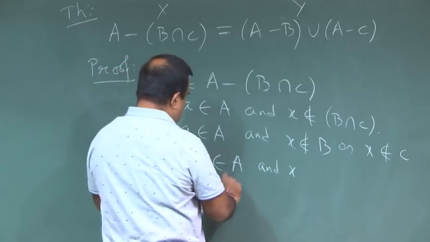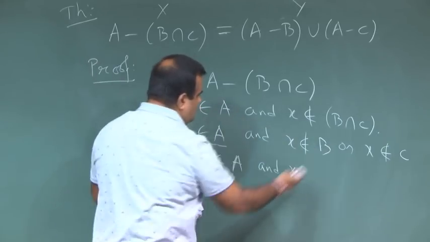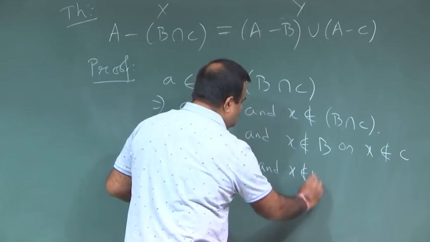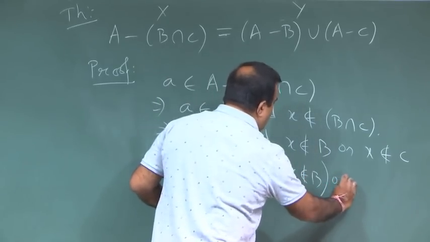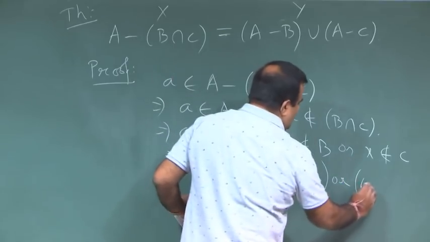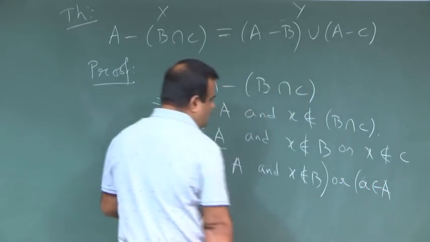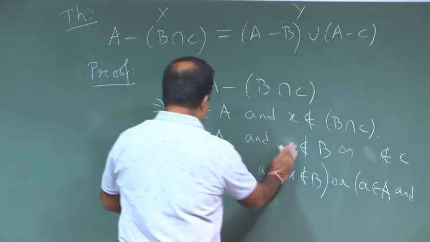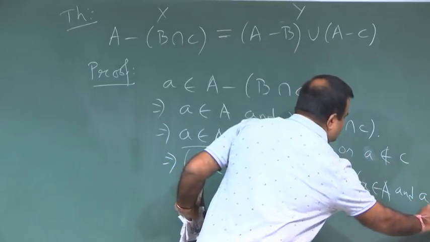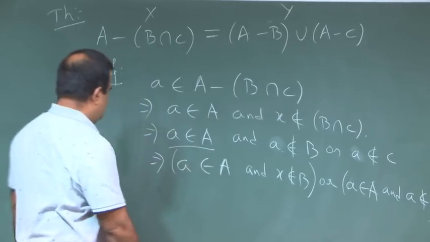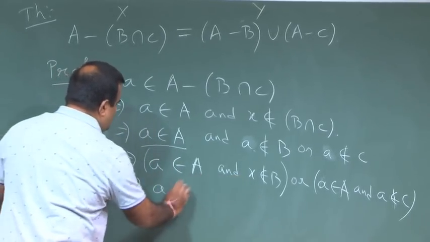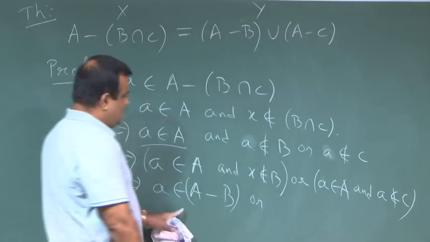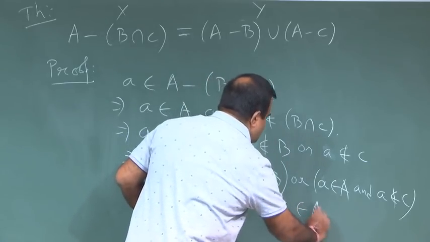Now, with this we can take a belongs to A and a does not belong to B. This is one case, or a belongs to A and a does not belong to C. Now, this is giving us a belongs to A minus B, or this is giving us a belongs to A minus C.